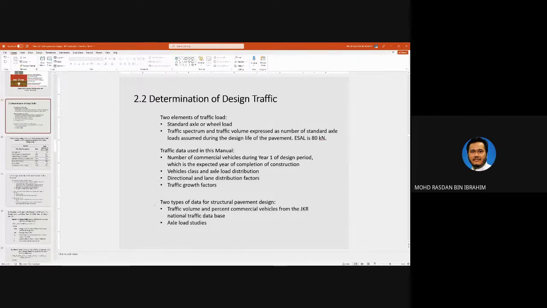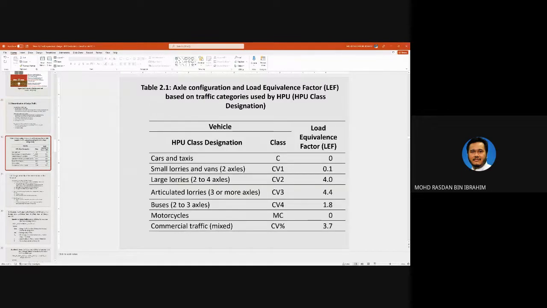So you can see the traffic volume and the percent of commercial vehicles in the publication published by JKR every few years. And then you must have the actual load studies. What sort of loading do these vehicles use? So these are the actual configuration and the load equivalent factors that you are going to use.